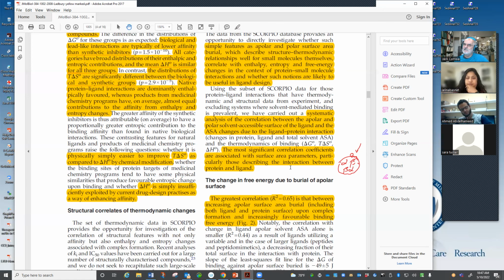Because the heat capacity primarily comes out of release of water and solvation changes. And so if you know how much surface is buried and how much nonpolar surface is buried, then you can sort of calculate the amount of water and you can sort of estimate the heat capacity. And so that's what this is about, all right? Have you noticed that all of this stuff is related and in a very painful way? This is building on concepts, all right?